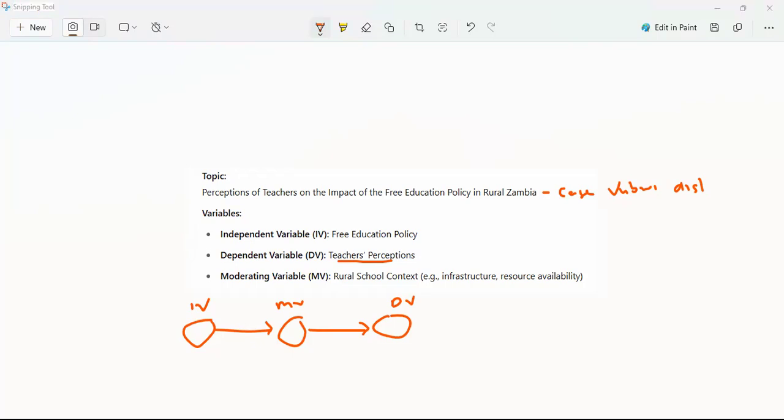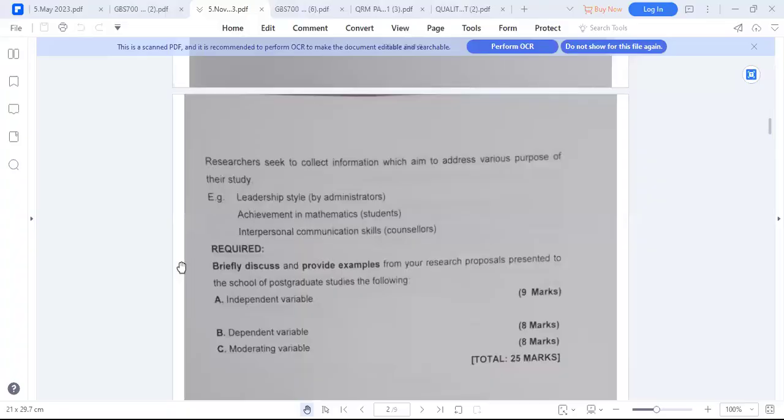So these marks were too many: 9 marks, 8 marks, 8 marks. Any questions?